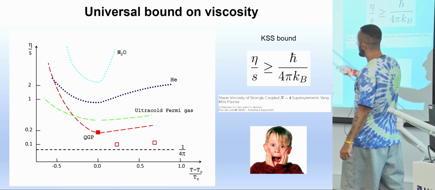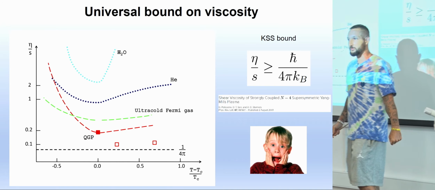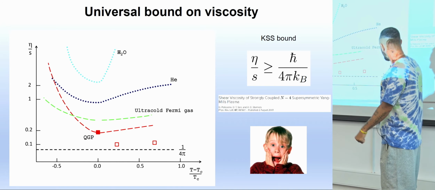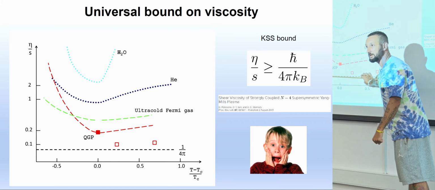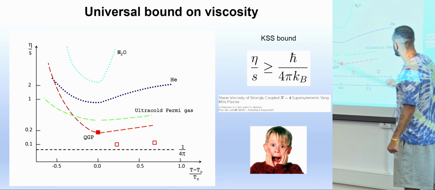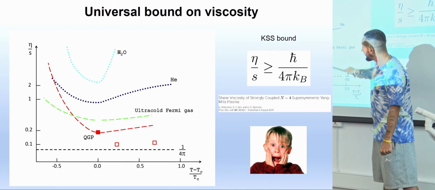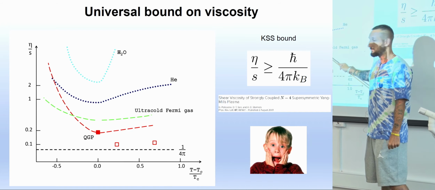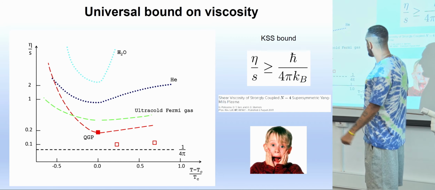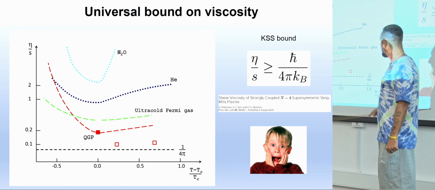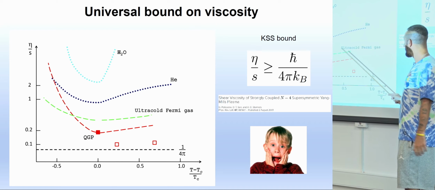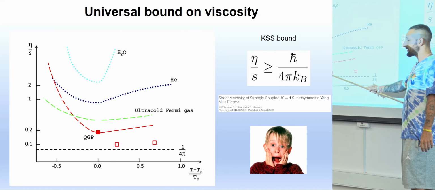Now, if you do experiments and you try to check if these people are right or not, this is what these people are claiming. And these are data from different systems. So this is water. You can see there is a minimum, but it's quite far away. It's actually 30 times larger. Then you go to helium, and it gets a bit smaller. You can go to more exotic things. These are ultra-cold Fermi gas, and this is quark-gluon plasma.